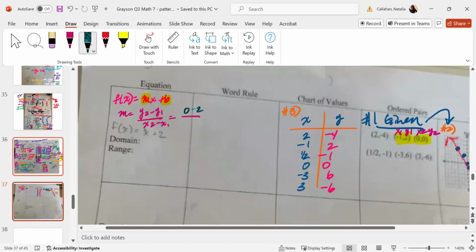What are the 2 numbers? X2 minus x1. The order matters. Good. What is your slope then? Simplify it.